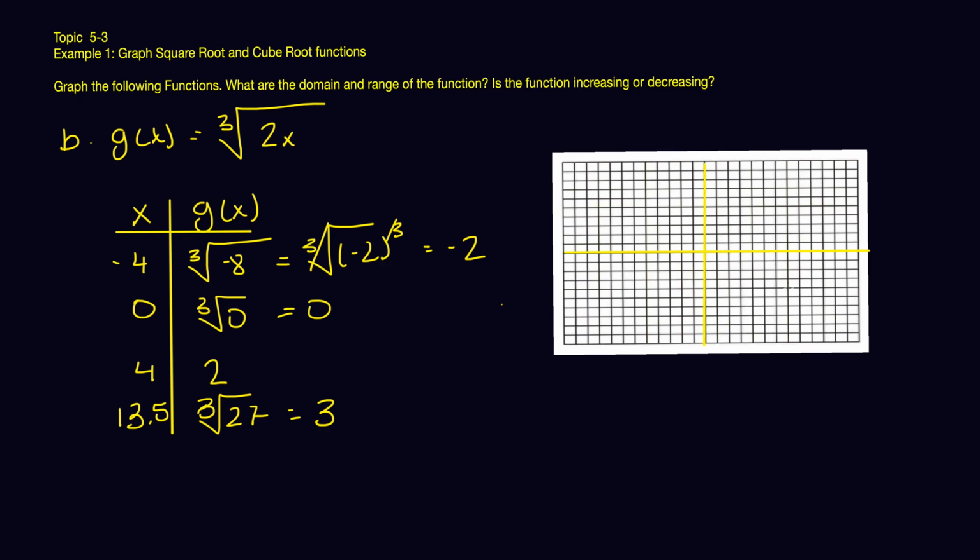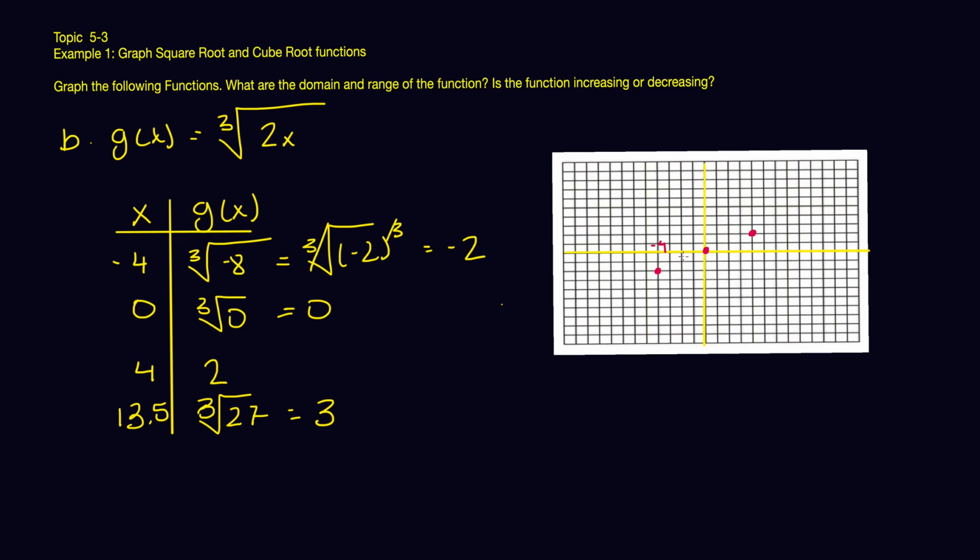Sorry for those who like the lines in the middle, but I'm going to go negative 4, 1, 2, 3, 4, and go down to 1, 2. What I should really be doing is labeling these negative 4, then 0 and 0, then 4 and 2, 1, 2, 3, 4.